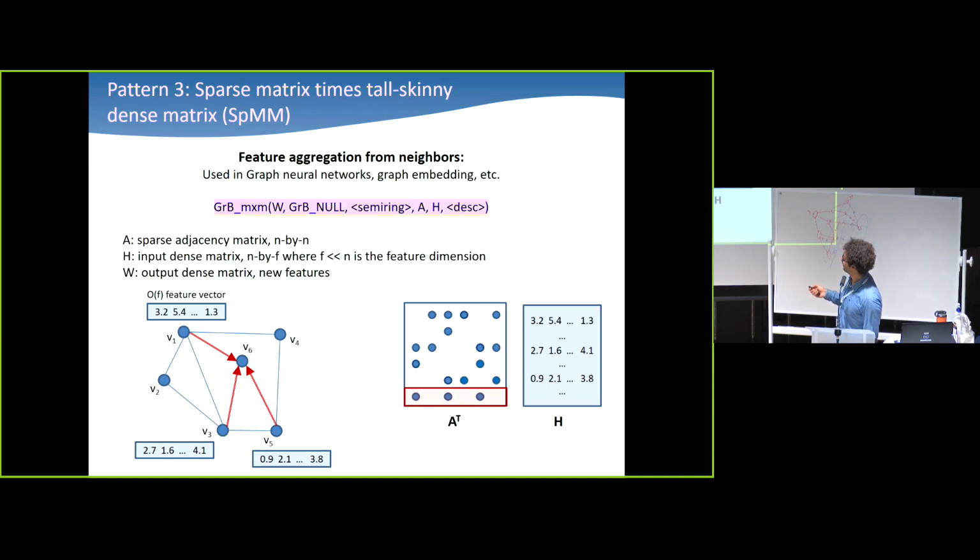Sparse matrix is the graph, tall skinny dense matrix is the features. This occurs in graph neural networks, graph embeddings. It actually occurs in eigenvector computations these days. If computing eigenvectors iteratively, the textbook example is the Lanczos algorithm if it's a symmetric system, or Arnoldi if it's not symmetric.